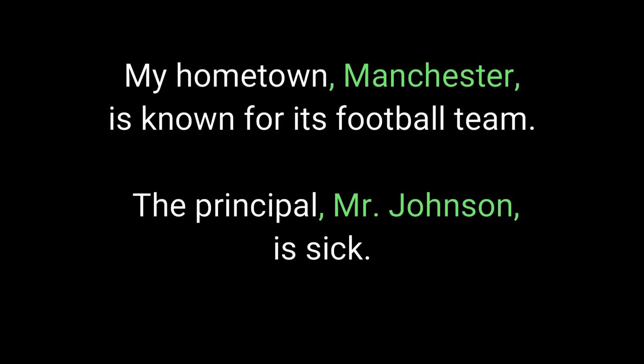Manchester gives details about the hometown. Therefore, it functions as an appositive. The principal, Mr. Johnson, is sick. Mr. Johnson gives details about the principal. Therefore, it functions as an appositive.